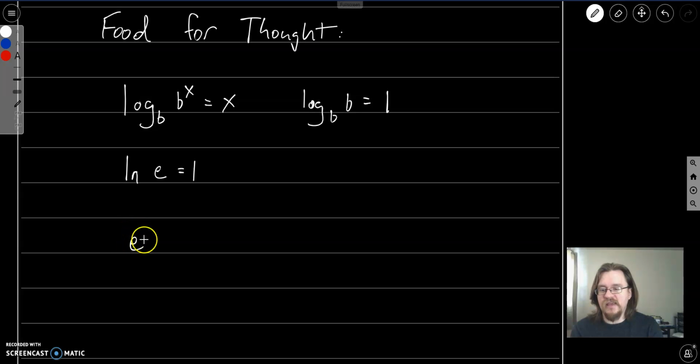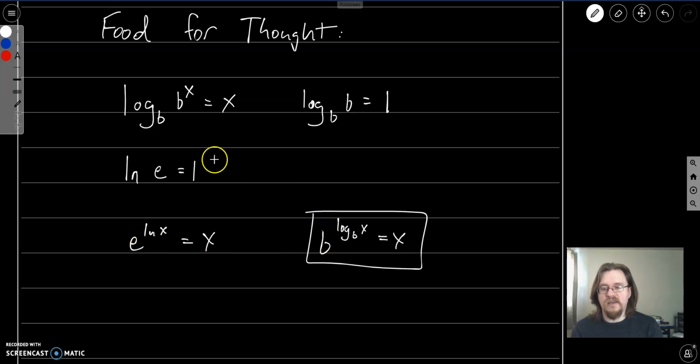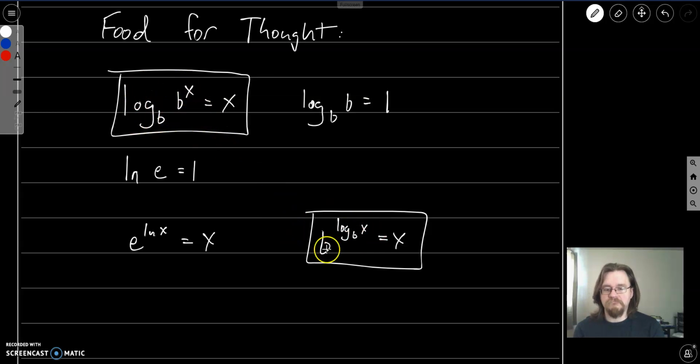If I take e to the natural log of x, I also get x. As in, if I take b to the log base b of x, I get x. So this right here and this right here are just how logarithms work, and I in particular want to focus on this guy right here.